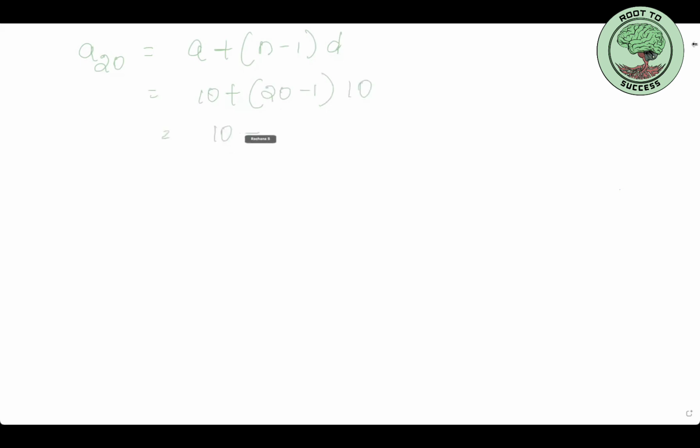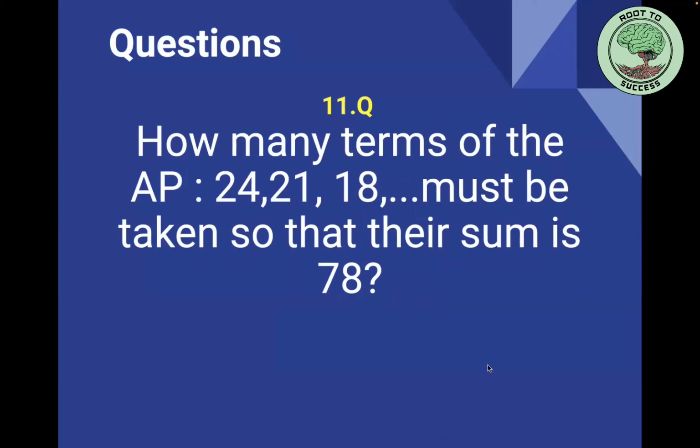That will be 10 plus 20 minus 1 will be 19 into 10. It will be 10 plus 190, that is 200. So therefore, the 20th term of the arithmetic progression is 200.